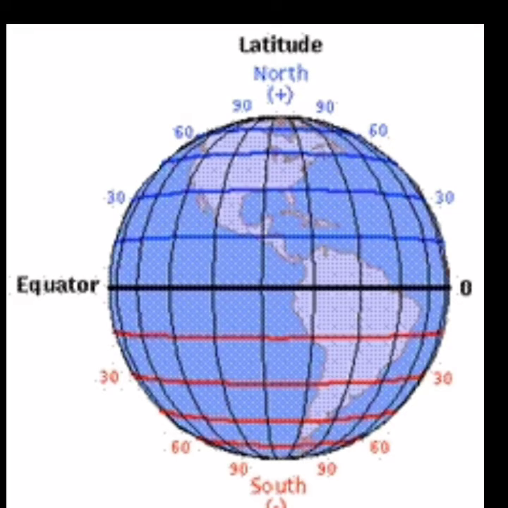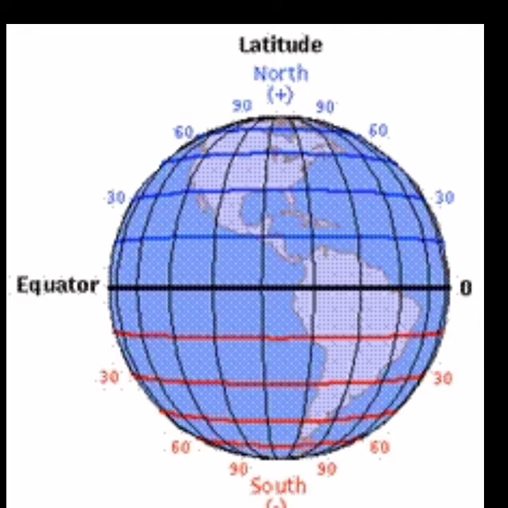There are 180 parallels of latitude, 90 to the north and 90 to the south of the equator. The equator represents the 0 degree latitude.